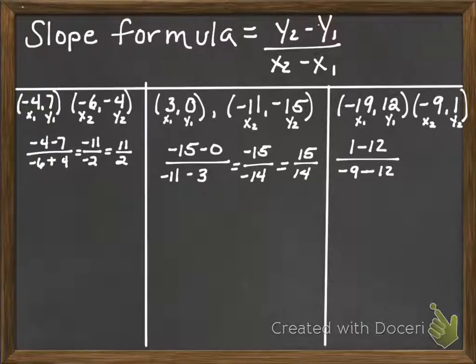And I know that two negatives are going to make a positive, so I'm just going to turn that into a plus sign. So I have 1 minus 12 is going to give me negative 11. Oh, I'm sorry, I put that as a 12. Hold up. My x1 is actually negative 19. There we go. So then I have negative 9 plus 19, and that's going to be 10. So my slope for this is negative 11 over 10.